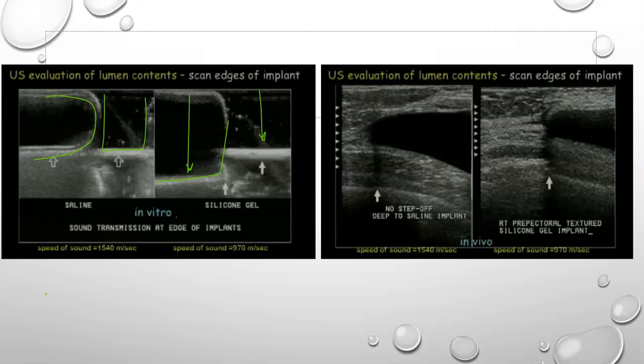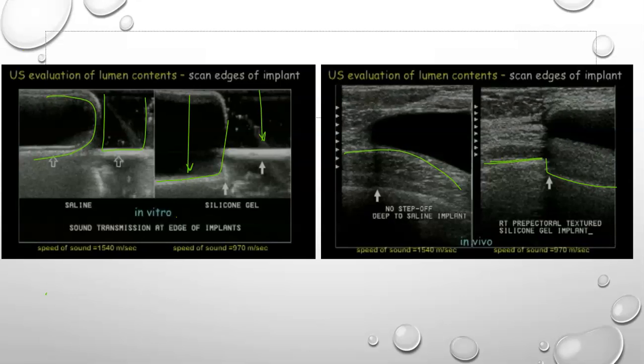Okay, so here is one that is in vivo, and this is a saline implant, and we see the pectoralis muscle behind the breast tissue that looks absolutely nice and smooth and intact, and on the right we see the step off because of the silicone gel implant causing a speed error artifact.